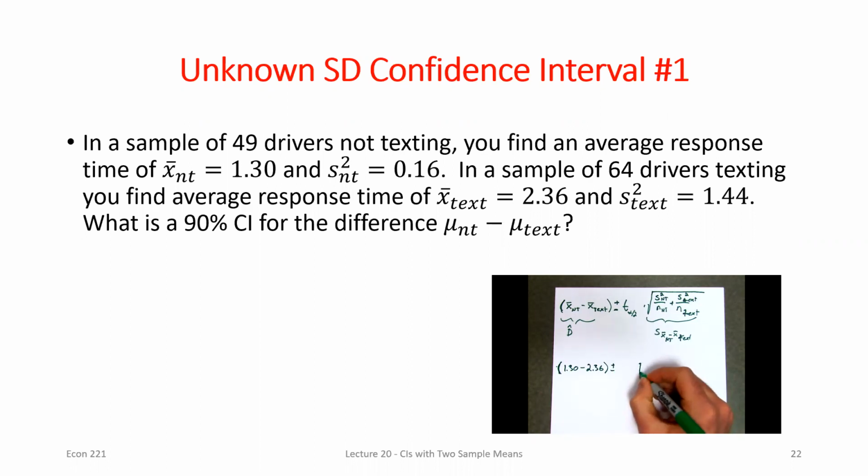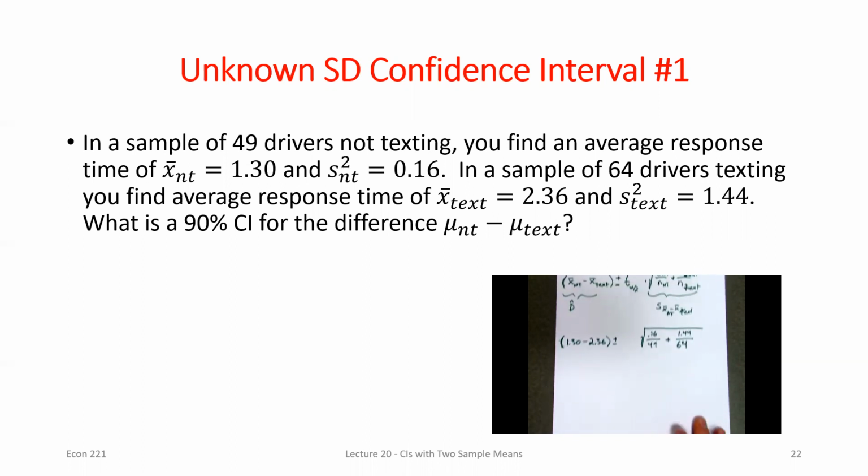We don't have the t-value, we haven't looked that up yet. The variance for the non-texters was 0.16. Sample size was 49 of them. And then my texters variance was 1.44, and I had 64 of them. So all I'm doing here is just plugging in the values I was given.